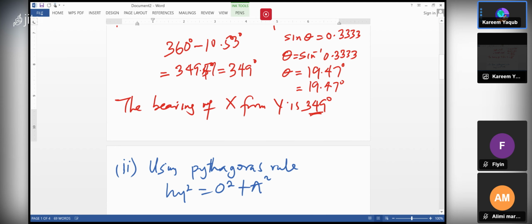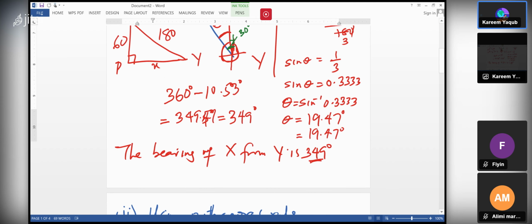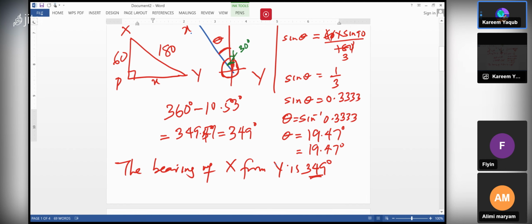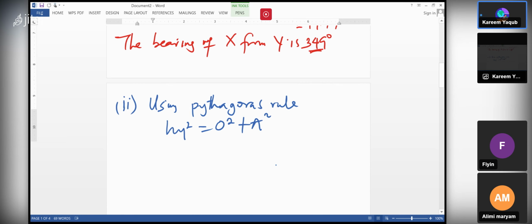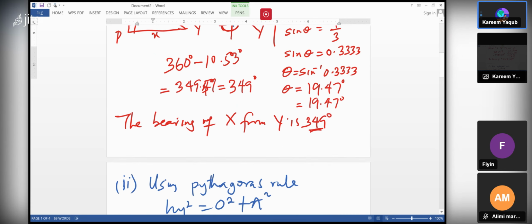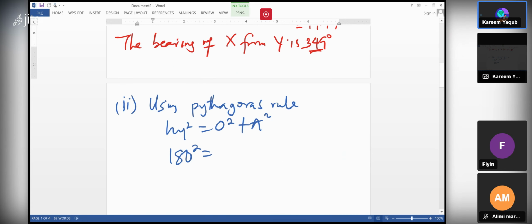So in this question, what is our hypotenuse? 180. That's 180 squared. Then any of the other two sides could be opposite and adjacent. So we can say plus 60 squared plus x squared, which is the side we are looking for.